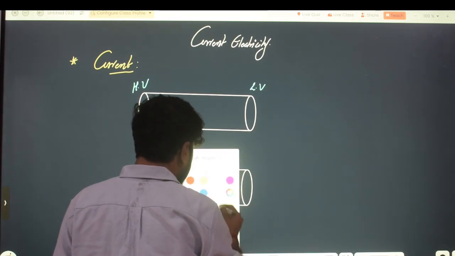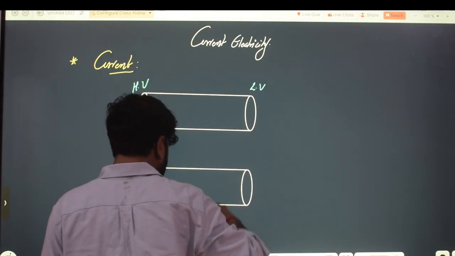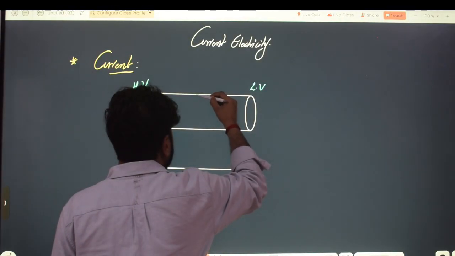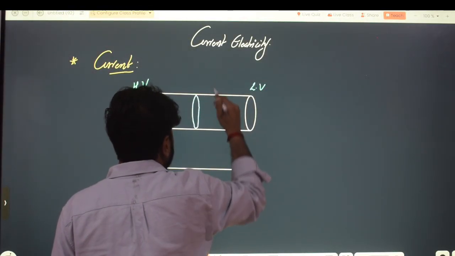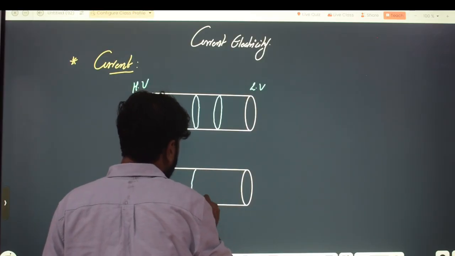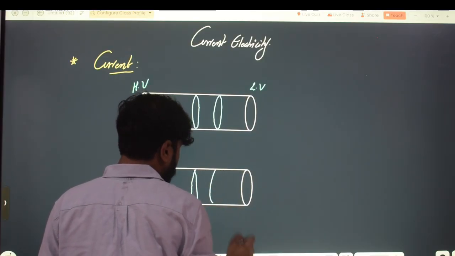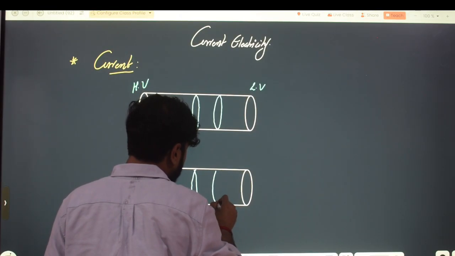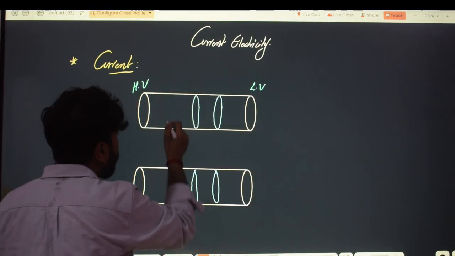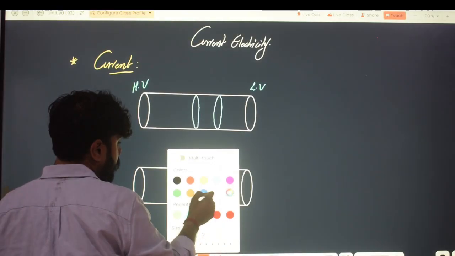And let's have some section in the conductor like this. This here also. This is the section, and here we are representing electrons.